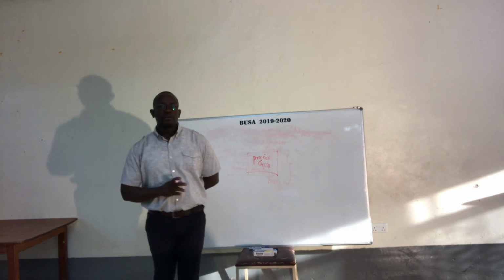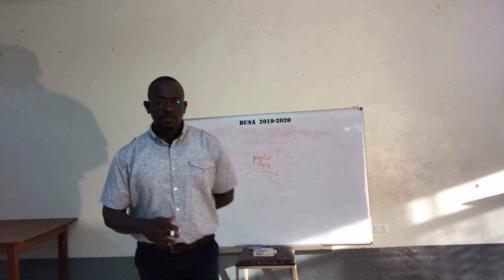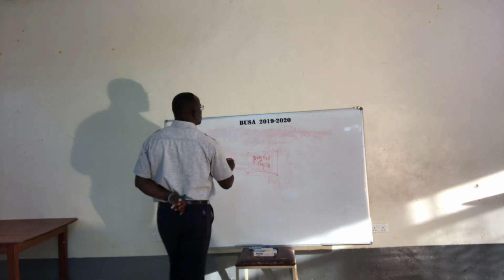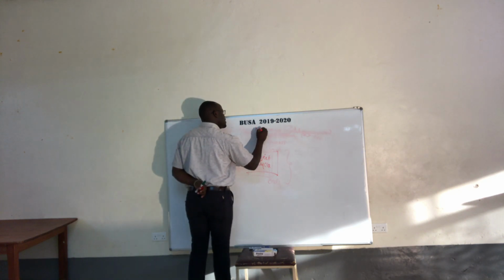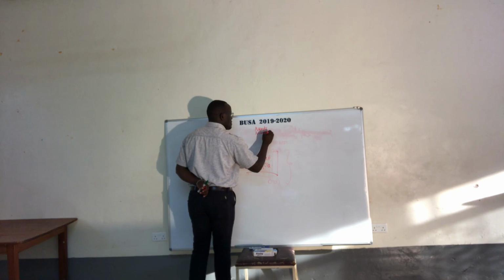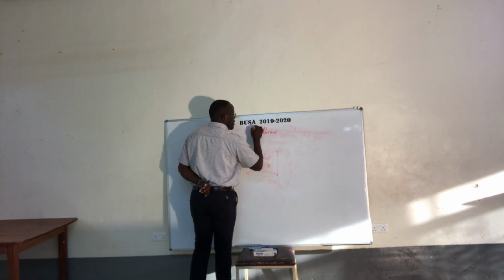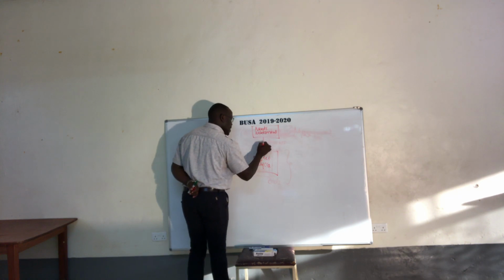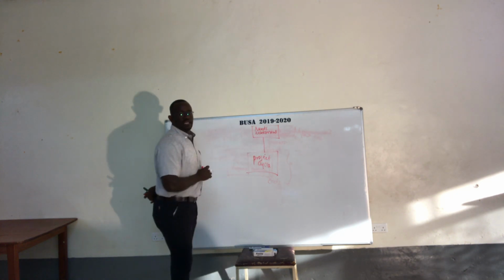What happens in the project cycle? A project starts, but for us to manage a project, we must do what we call needs assessment. Needs assessment is a demand of the project cycle.